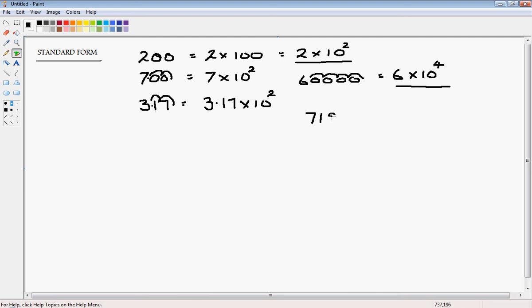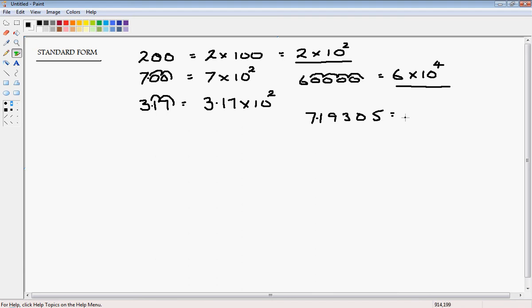So if I've got 719305 and they said change this to standard form, I can only have a single digit, so my single digit is always going to be the most powerful number. So it's going to be 7.19305.